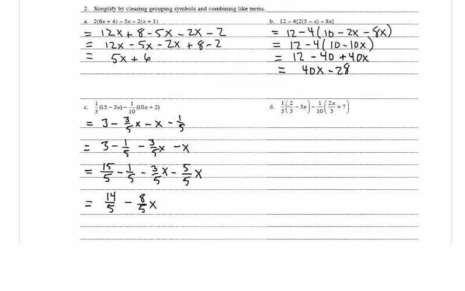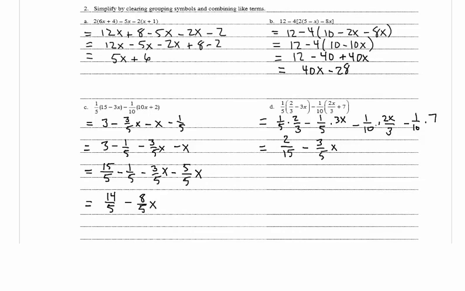So we're going to distribute the 1/5 and the negative 1/10 first, and I get 1/5 times 2/3 minus 1/5 times 3x, and then I have negative 1/10 times 2x over 3, and then we have negative 1/10 times 7. 1/5 times 2/3 is going to give me 2 over 15, and we have minus 1/5 times 3x is going to give me 3/5 x.